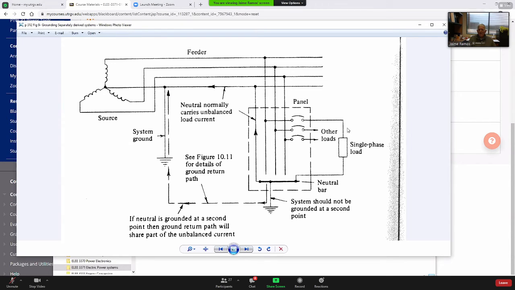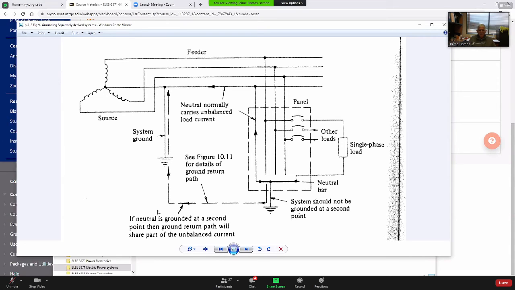Now, in a branch circuit, we have a panel, and then we have a neutral here, and it says the system should not be grounded at a second point. So only the neutral is grounded at one point, and that is at the secondary of the transformer.